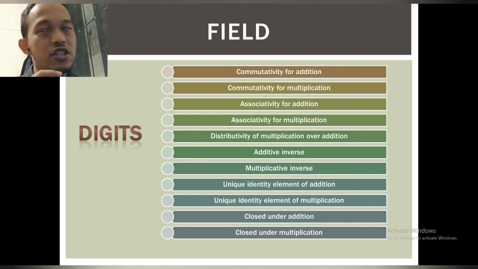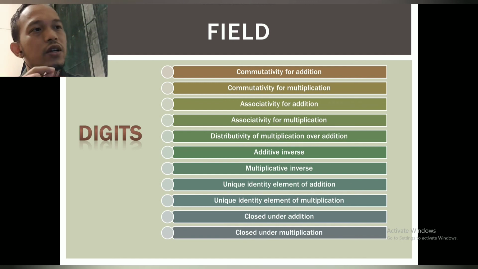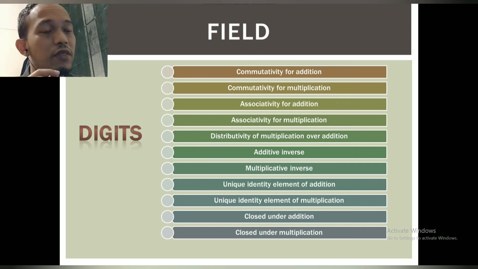If I pick any digit, for example 3, the additive inverse of 3 is negative 3. Negative 3 is not a digit. Therefore, this one fails. Multiplicative inverse also fails, since if I pick the digit 5, the multiplicative inverse will be 1/5. It's not a digit. So already two violations.